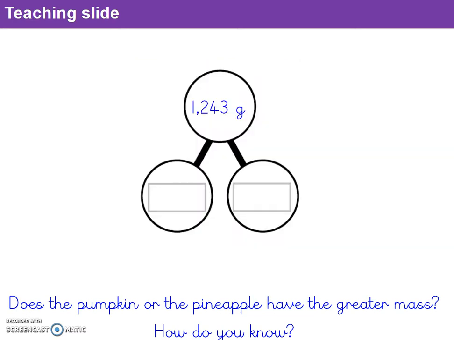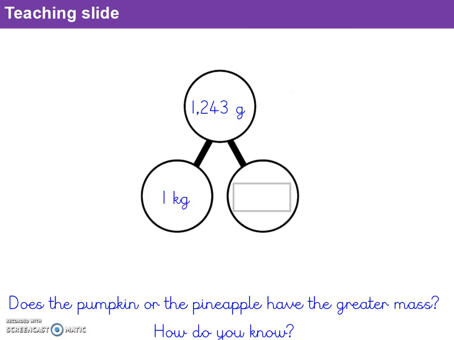So let's begin by looking at our pineapples. And with the pineapples, we're going to convert the 1,243 grams into kilograms and grams. So our first question to ask is, how many grams are equal to 1 kilogram? Well spotted. 1,000 grams are equivalent or equal to 1 kilogram.